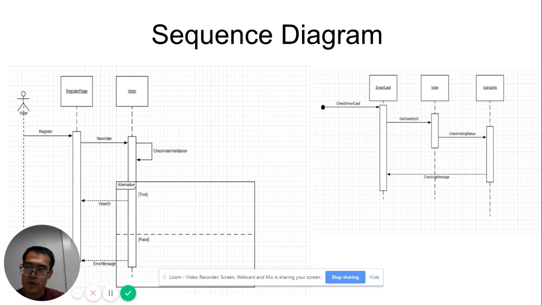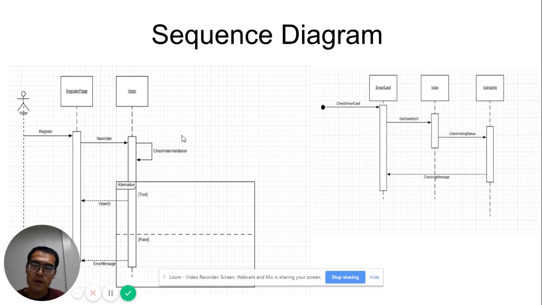If not, it returns an error message. If it is true, the voter object is created, and the voter is validated to get his smart card.